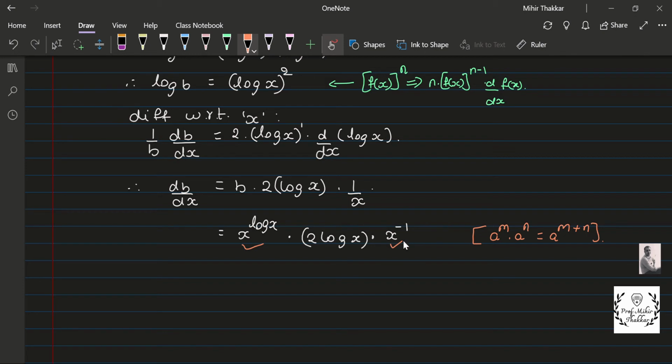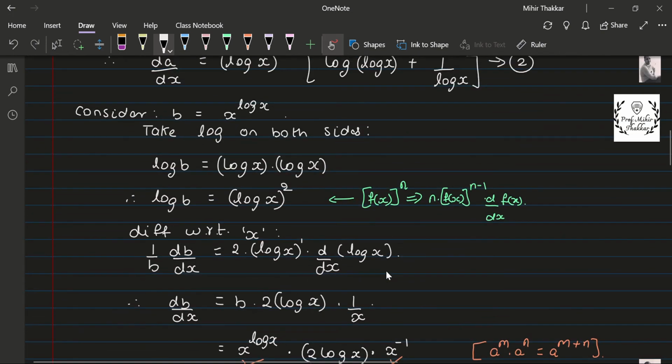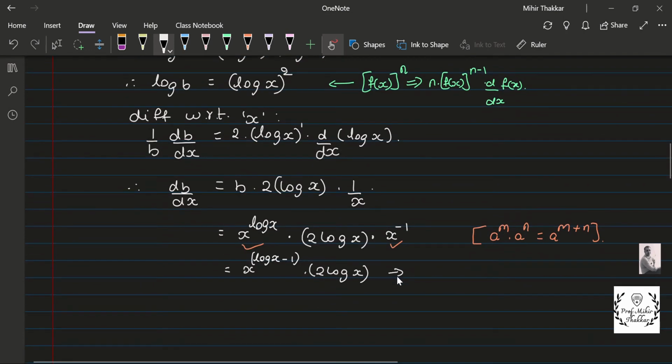So log x plus negative 1 together, it will become x raised to log x minus 1 multiplied by 2 log x. So this over here, guys, becomes your equation number 3 and the value of your db upon dx.